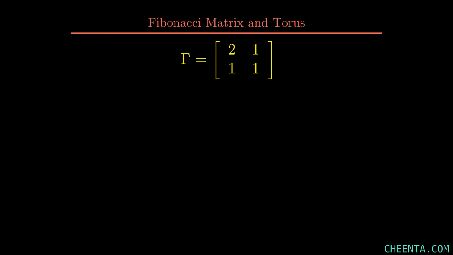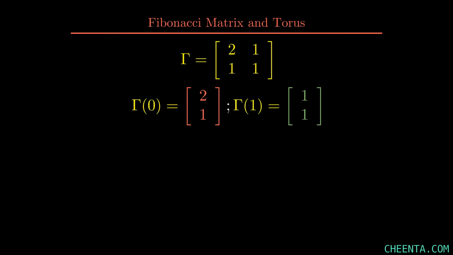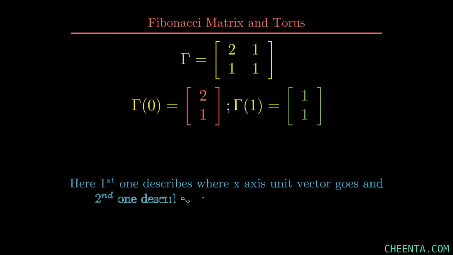We will consider the column vectors for simplicity. The first one, the red one, represents where the unit vector of the x axis will go after the transformation, and the green one represents where the y axis unit vector will go.